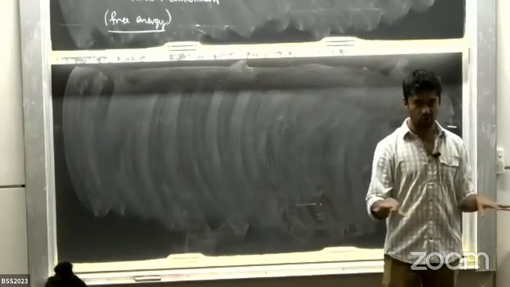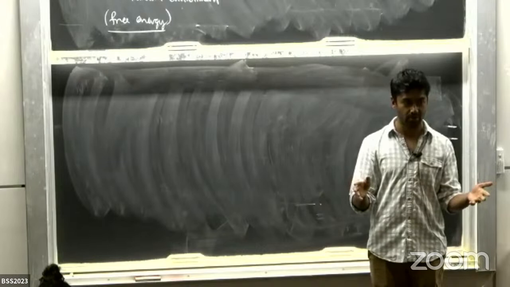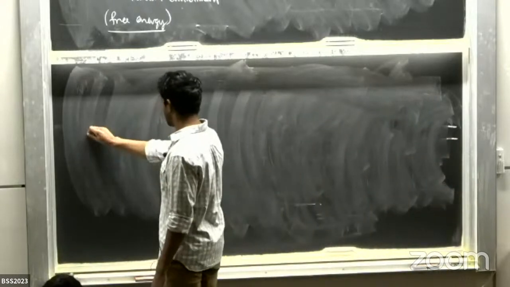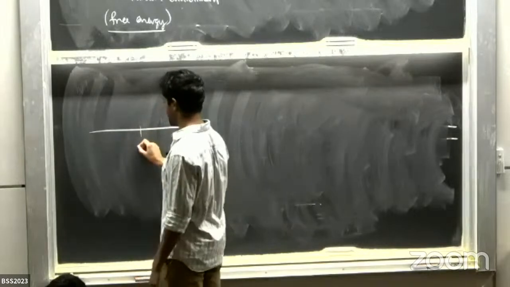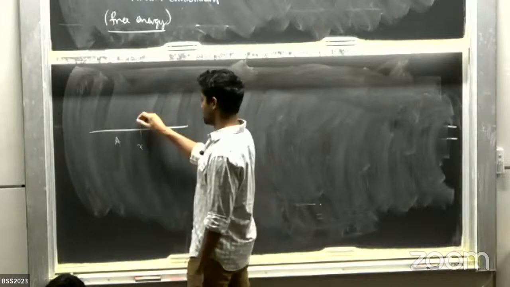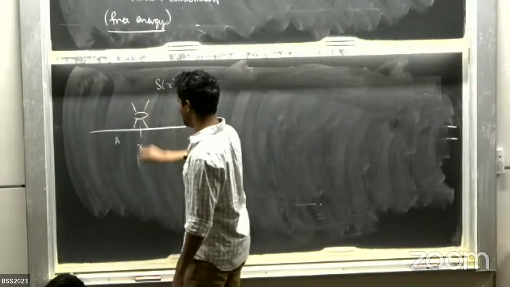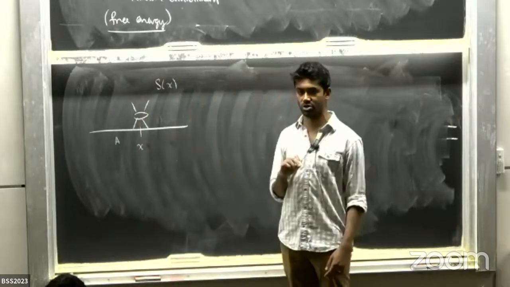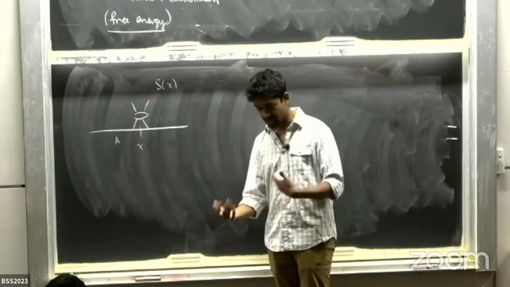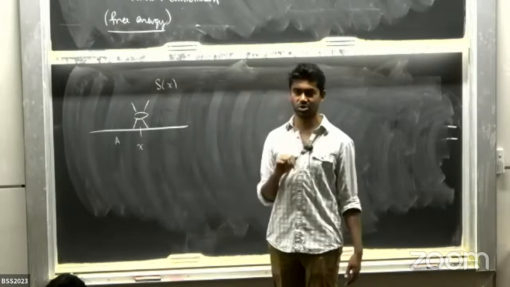Now, if I have geometrical randomness in the circuit, so it doesn't have a brickwork structure and the unitaries are applied randomly, then you can think of the entanglement across a cut. I have a semi-infinite system, with a cut at a point X, and everything to the left of it I call A. So S of X will grow maximally when I apply a unitary across the cut in the limit of infinite Hilbert space dimension. But what does it mean to grow maximally? Well, it's a von Neumann entropy, so it still has to satisfy subadditivity, strong subadditivity, et cetera. So it'll grow maximally subject to those constraints.